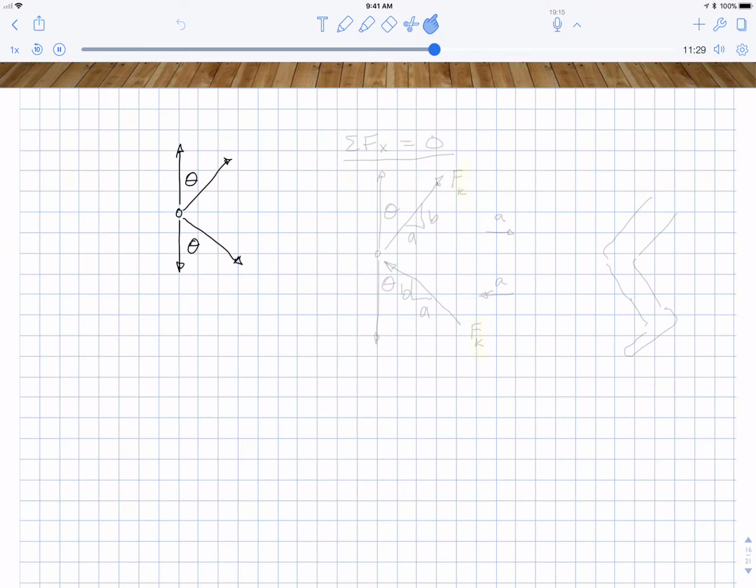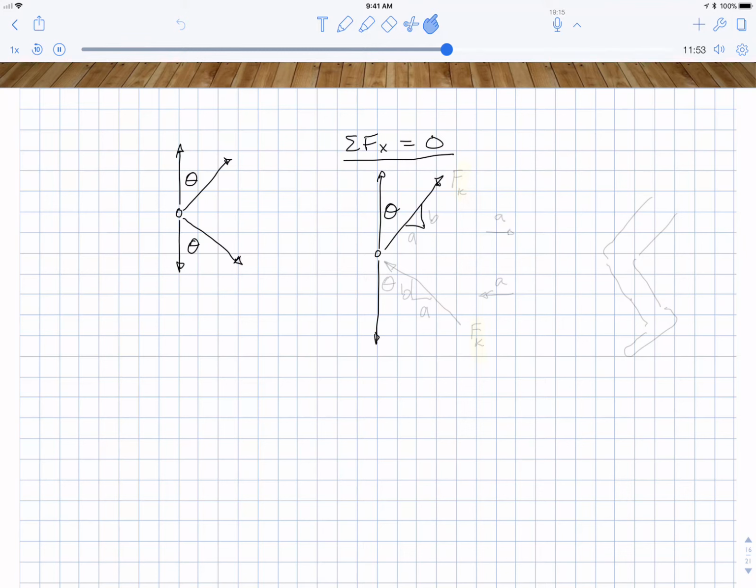What we're going to do first is look at sum Fx equals 0, in our little trick using just the x and y components. So that's all in the y. Let's see, we'll have this one going up.